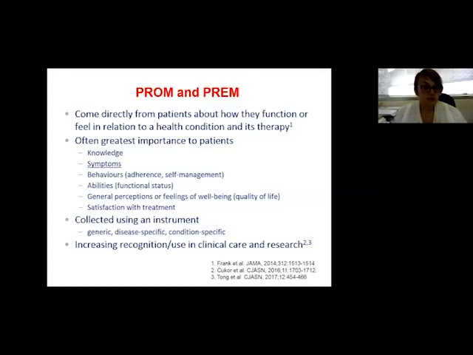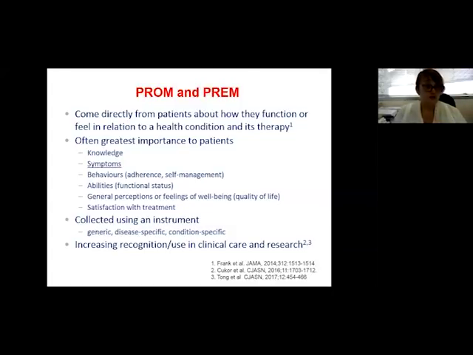And these are things that are often of greatest importance to patients, not researchers or not medical practitioners, like what is the physiological compounds and the way that a new blood pressure tablet might work, but it's really turning it on its head, asking the patients what's important to them.